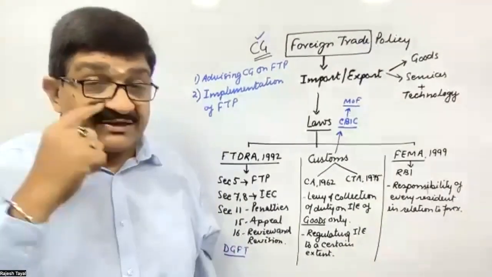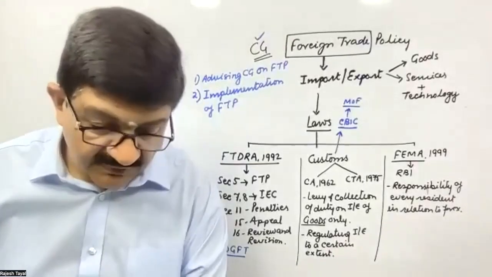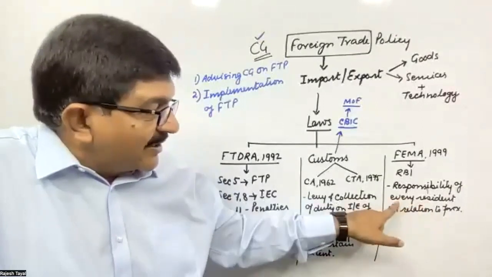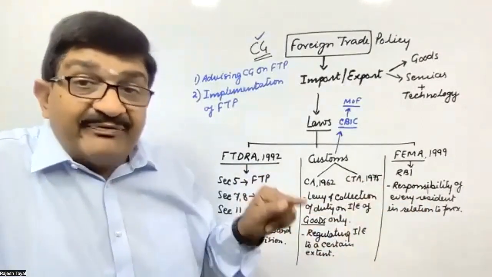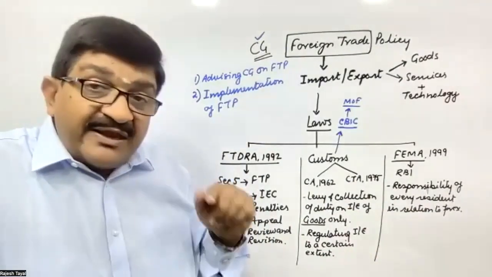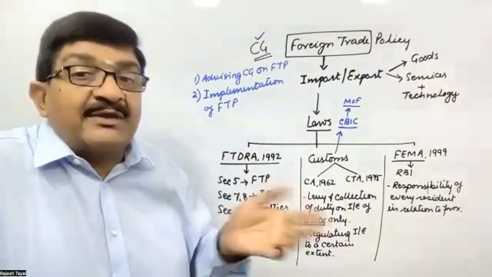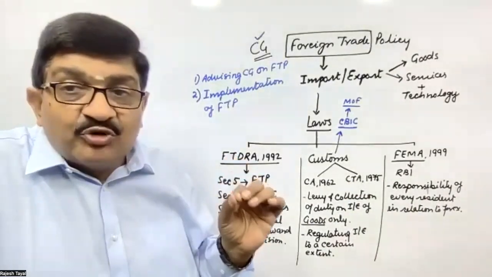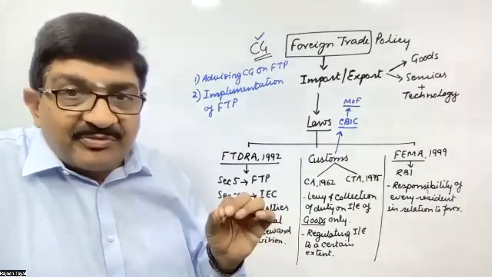Listen carefully to what Section 8 says. Every person where the provisions are applicable, every resident. If any income accrues to him in foreign exchange, meaning the income is coming from outside India, that income should be brought to India at the earliest possible.